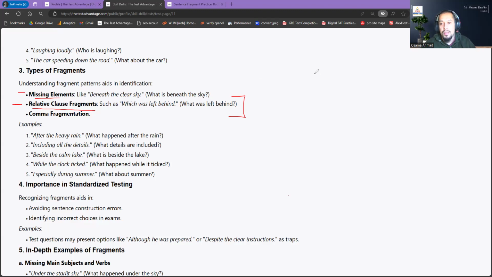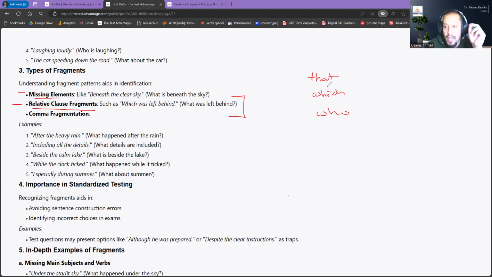The relative clause is that, which, and who. أول مرة تسمعوا الحاجتين دولت ولا لأ؟ مش أول مرة، خدناها في pronouns صح؟ يا شاذة ولا لأ؟ Yes. Okay, so that, which, and who.